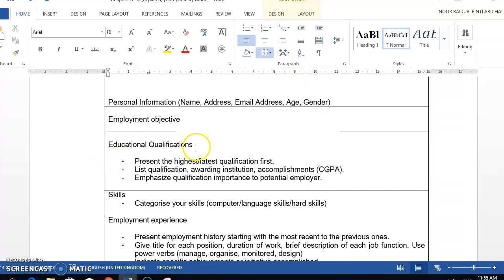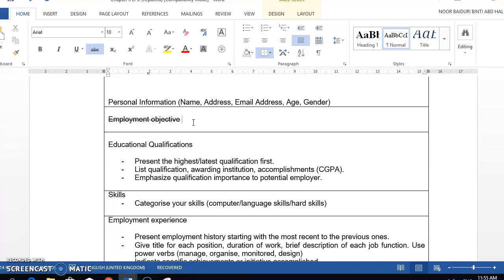Right, now some people say that you have to put your employment objective in your resume. Okay, but according to a few current practices, employment objective can actually be omitted. Okay, because it's actually obvious that you're writing this in order to secure a job, and the concern is that employment objective would need you to have a very good writing skill.